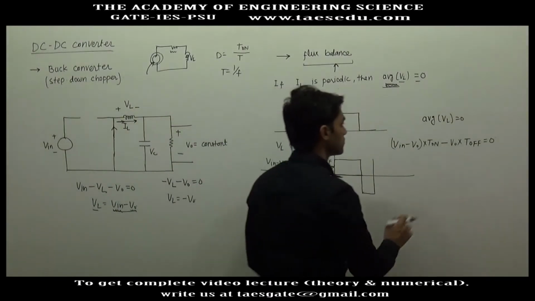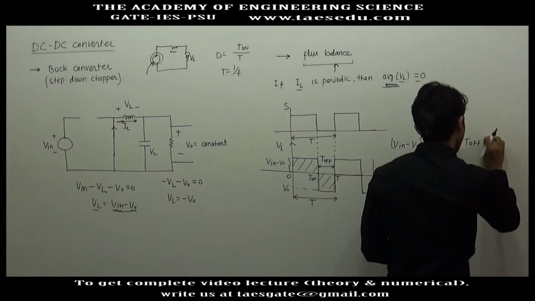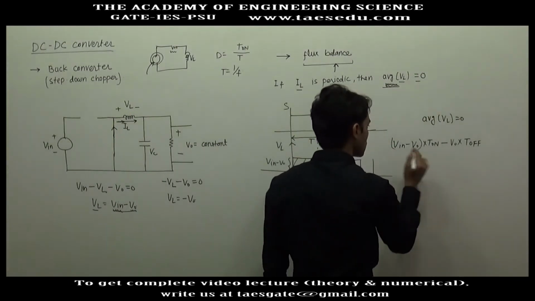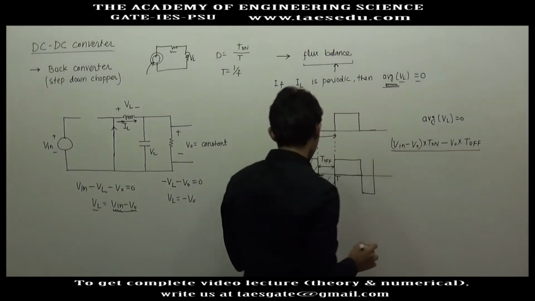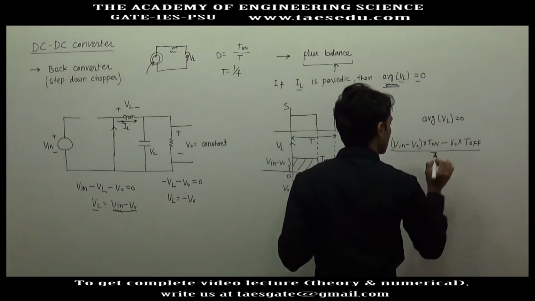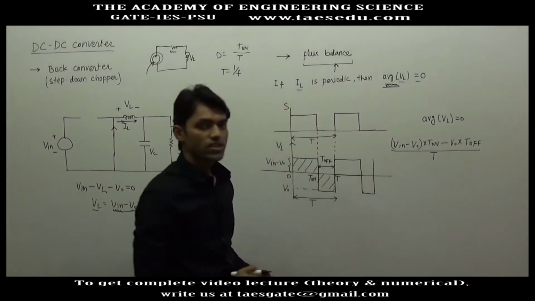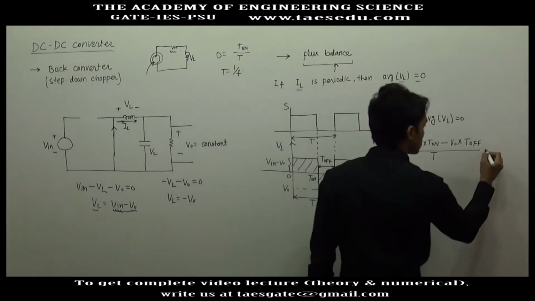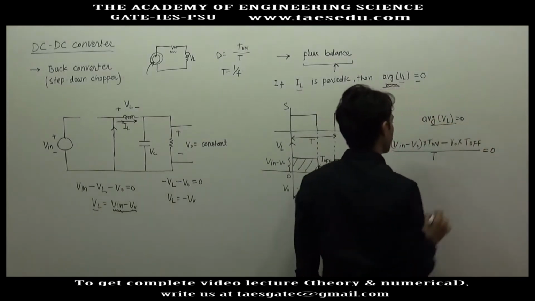This is total area divided by the total duration T. This will give you the average inductor voltage, and it has to be 0 from flux balance.